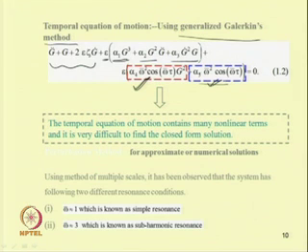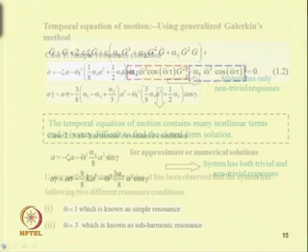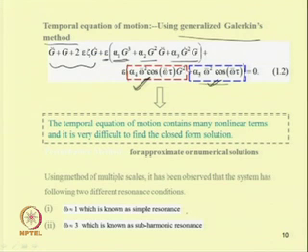Here the method of multiple scales has been used to find the solution of the system. While applying the method of multiple scales with different time scales, one can see that the system will have different resonance conditions. One resonance condition will be Ω̄ nearly equal to 1 and the other one is Ω̄ nearly equal to 3.